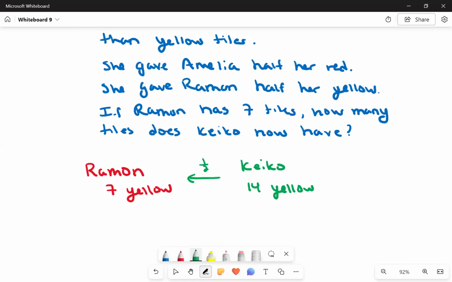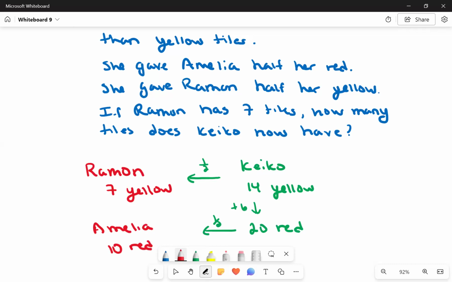So she also has 20 red then. If I add 6 to that, that gives me 20 red tiles, which she then took half of and gave them to Amelia. So Amelia has 10 red tiles.